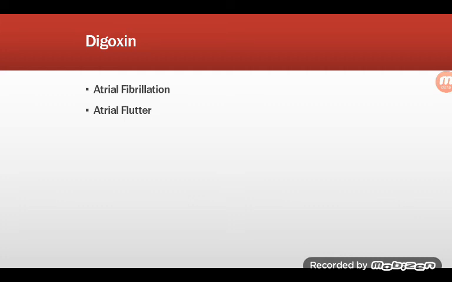Now, the other thing that we would report to the doc would be yellow halos or blurred vision. This can indicate DIG toxicity, and we'll need to check DIG levels in that patient. Digoxin can be used for atrial fib, atrial flutter, and overall improvement of cardiac output in CHF patients.